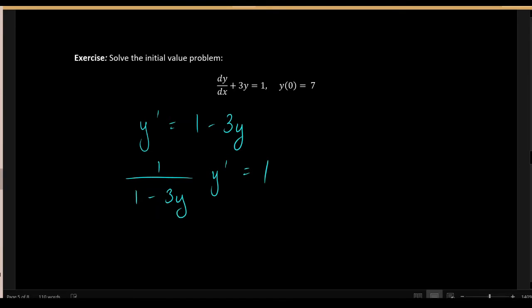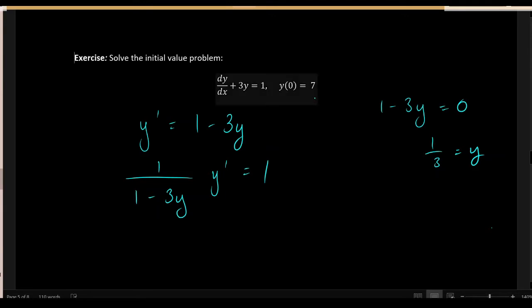Now let's consider what we just divided by: the quantity 1 minus 3y. Let's figure out the consequences if it equaled 0. I would get 1/3 is equal to y. But among other things, this function does not satisfy the initial condition. This function constantly outputs 1/3, so it could never output a value like 7. Therefore, we can disregard this possibility because it would not actually be a solution to the initial value problem.